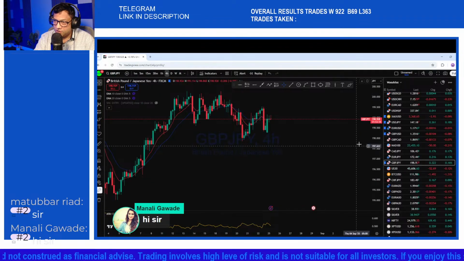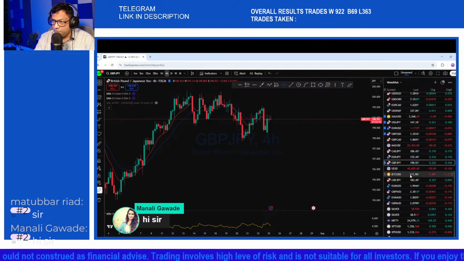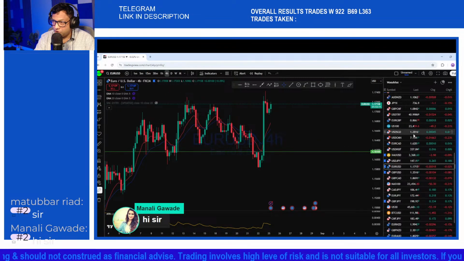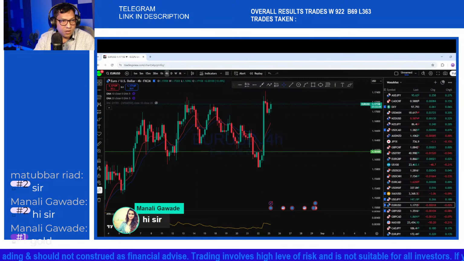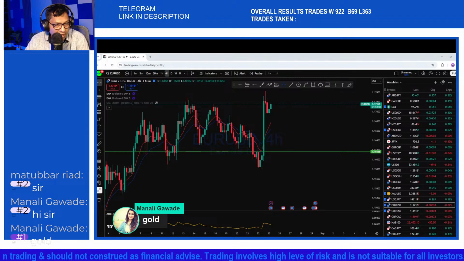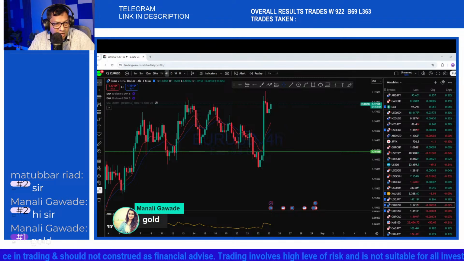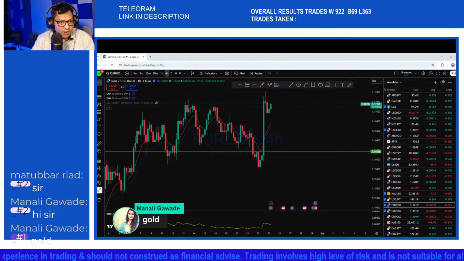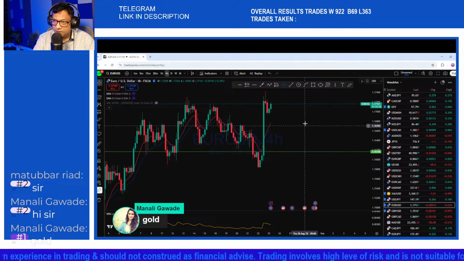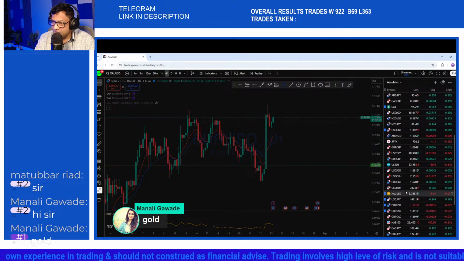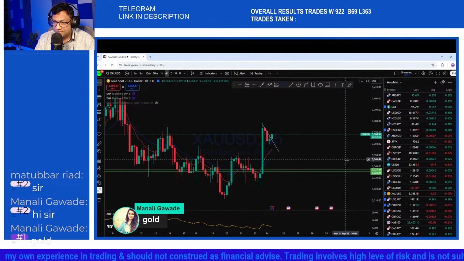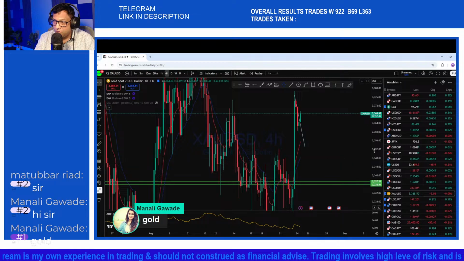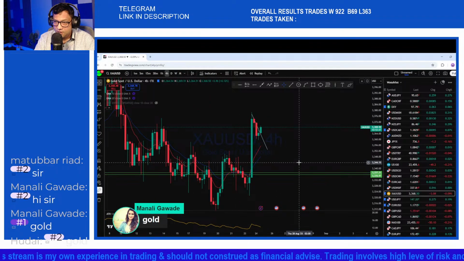Some of the currency pairs are currently showing the trend, such as British pound US dollar and euro dollar. So gold, Manali asked for gold. Anyone else for gold? You can write in the live chat. And then once we do the full analysis and find potential trade setups and potential entry levels, we can look at other pairs as well.